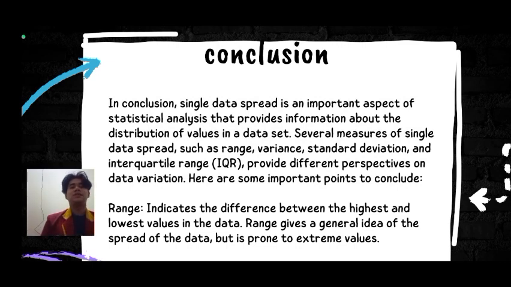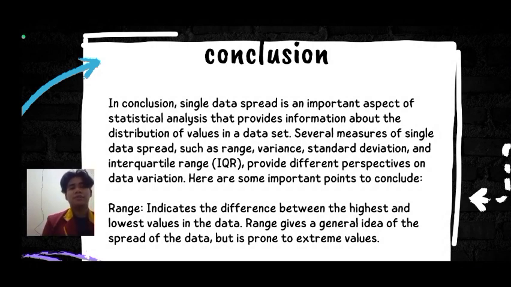The conclusion. In conclusion, single data spread is an important aspect of statistical analysis that provides information about the distribution of values in a dataset. Several measures of single data spread, such as range, variance, standard deviation, and interquartile range or IQR, provide different perspectives on data variation.